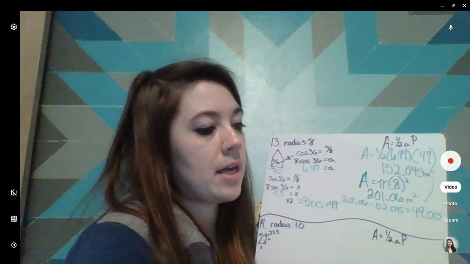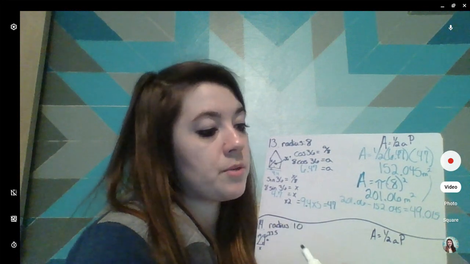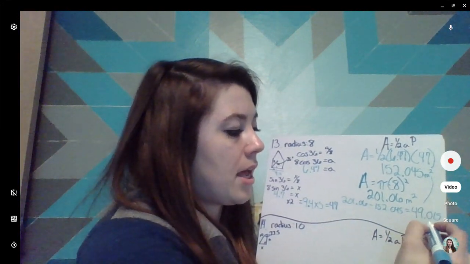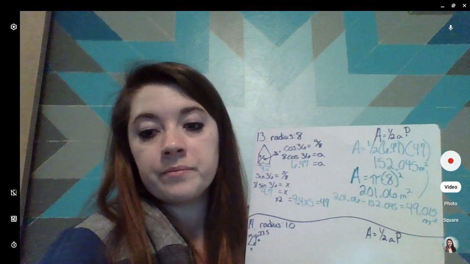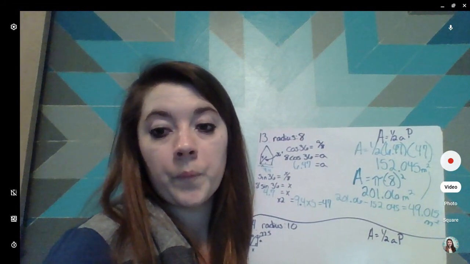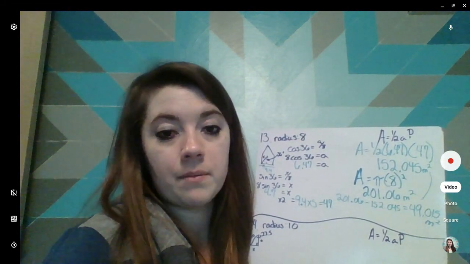Now, in the problem, it doesn't tell us what to round to, so we can leave it just like this, and our answer will be meters squared. So there you go. Hopefully that kind of makes sense.